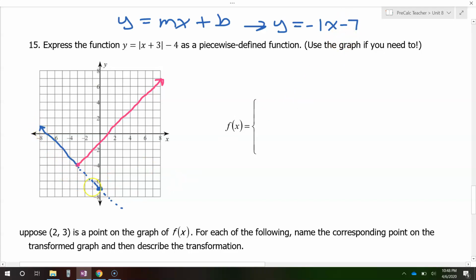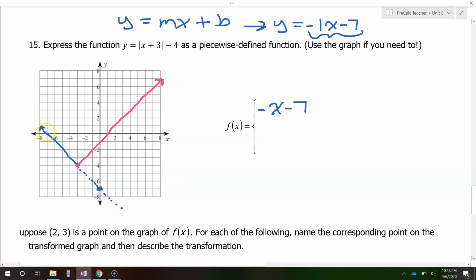So the equation of this blue line would be y equals, and this f of x is really the y equals part. So we're just picking up from here, and this is what goes in the piecewise function. I'm going to leave out the 1 now and just put -x minus 7.